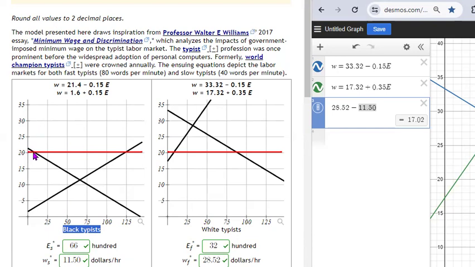Very few of them will, right? At this artificially high wage, black typists want to work, right? Almost 125 of them want to work. Only very few of them actually get jobs. So the distance from this intersection to this intersection is the number of black unemployed typists, because the minimum wage in this market is binding. The minimum wage is not binding for white typists, because the wage is above the minimum wage, right?